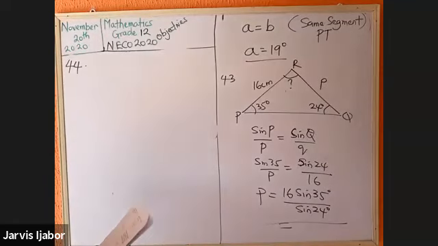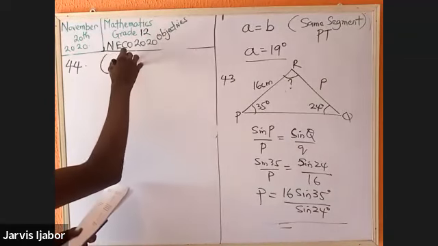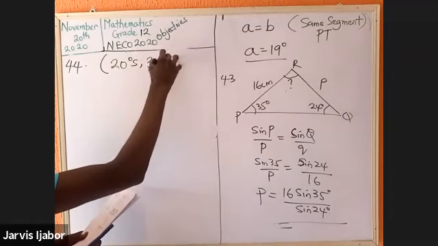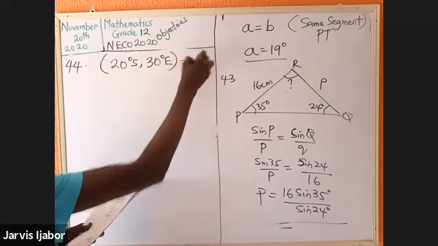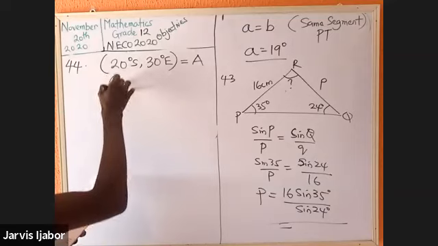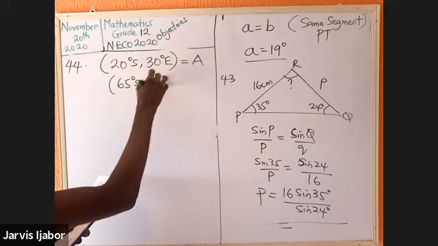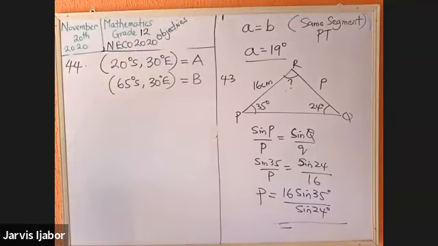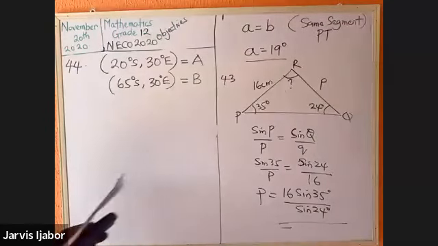All right, question 44, two more questions to go. The positions of two points A and B on the earth are given as follows. This one is for A, and this one is for B. It says find the distance apart along the great circle.